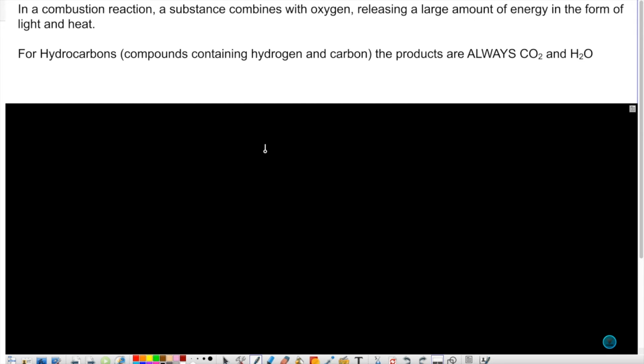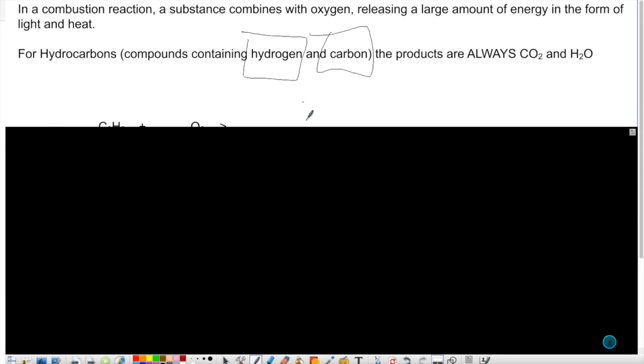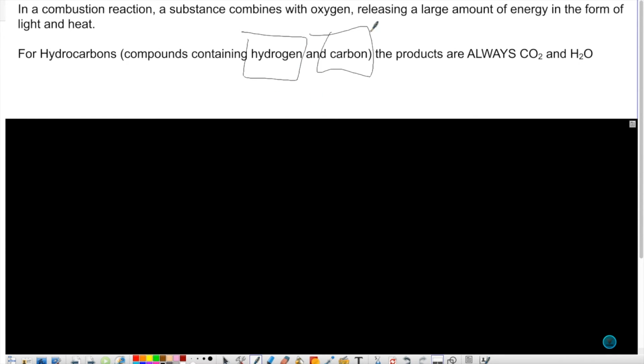In a combustion reaction, a substance combines with oxygen, releasing a large amount of energy in the form of light and heat. We're basically going to talk about one type of combustion reaction, and that's if you have a hydrocarbon. Hydrocarbons contain hydrogen and carbon, and that's all. Sometimes I might give you some compounds with oxygen as well, because it's reacting with oxygen.